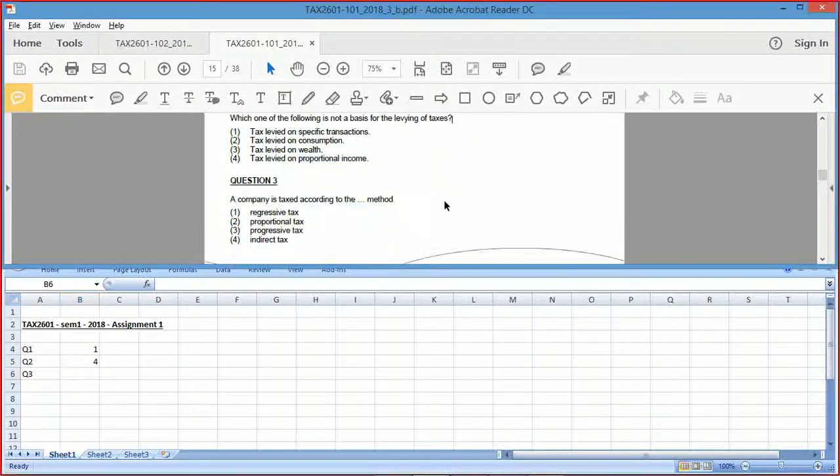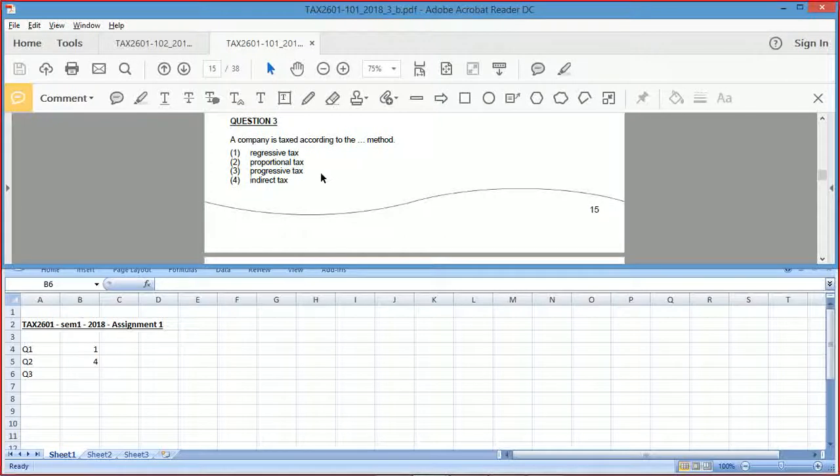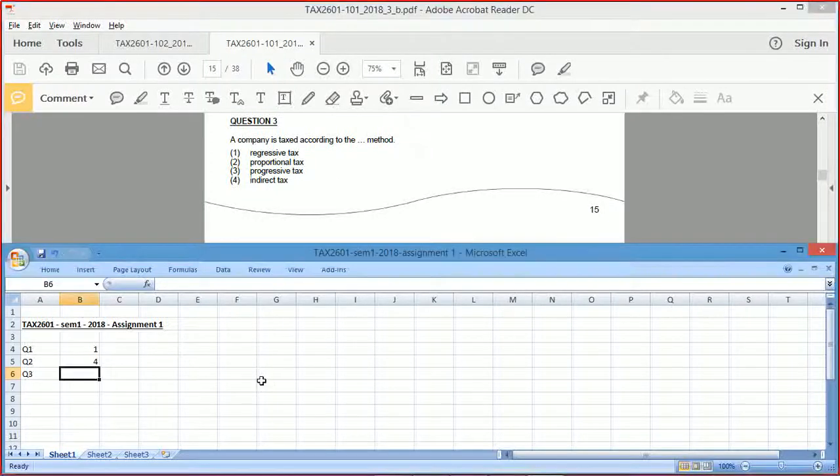Number 3. A company is taxed according to what method? That's easy. That you should know. How much is company tax in this country? Company tax is 28%. So is that regressive, proportional, progressive, or indirect? It's progressive, sir. No, progressive means the more I earn, the more I get taxed.